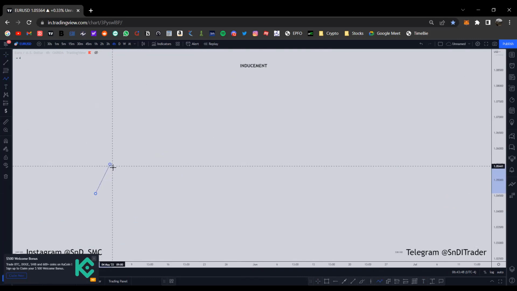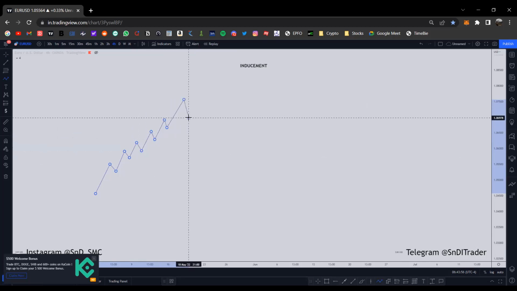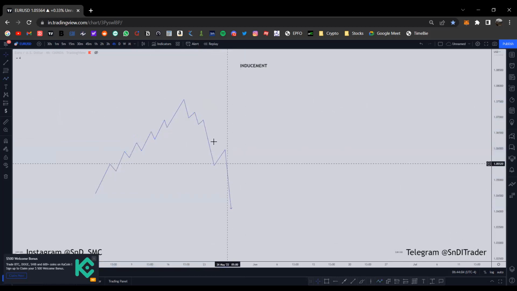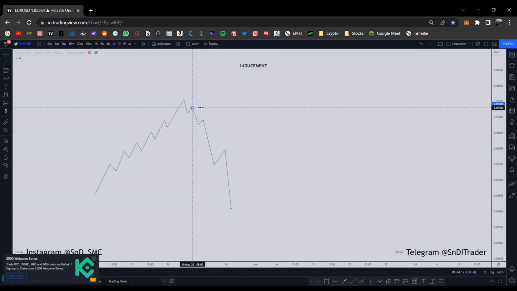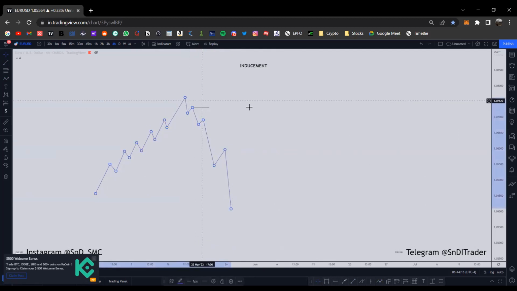So let's see if we are in a bullish trend here. This is the last high. After making this last high, price forms some sort of base and drops again towards the downside. So you might have some sort of lows formed just below the point of interest.